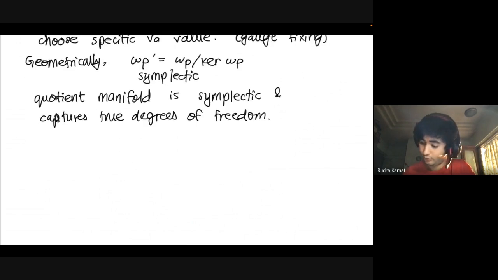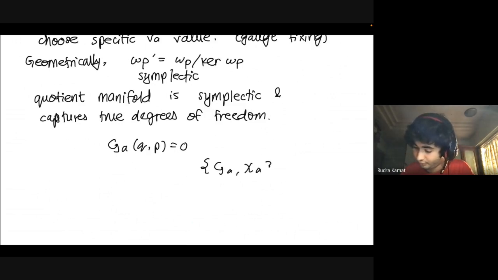So when you gauge fix, you're going to have a gauge fixing constraint, call it fancy G sub A, set to 0. And what this gauge fixing does, the gauge fixing constraint along with your first class constraints, which I think I call small gamma sub A, they form a second class system together.